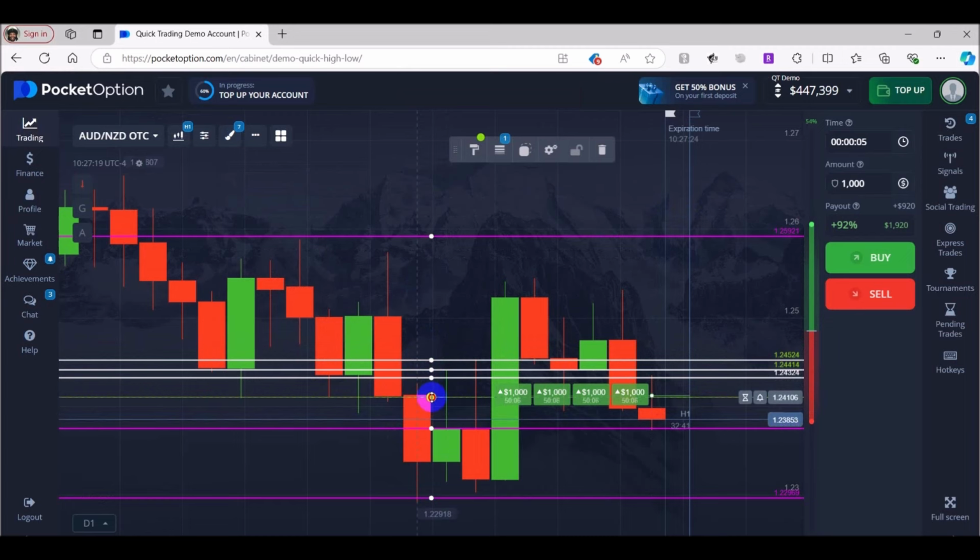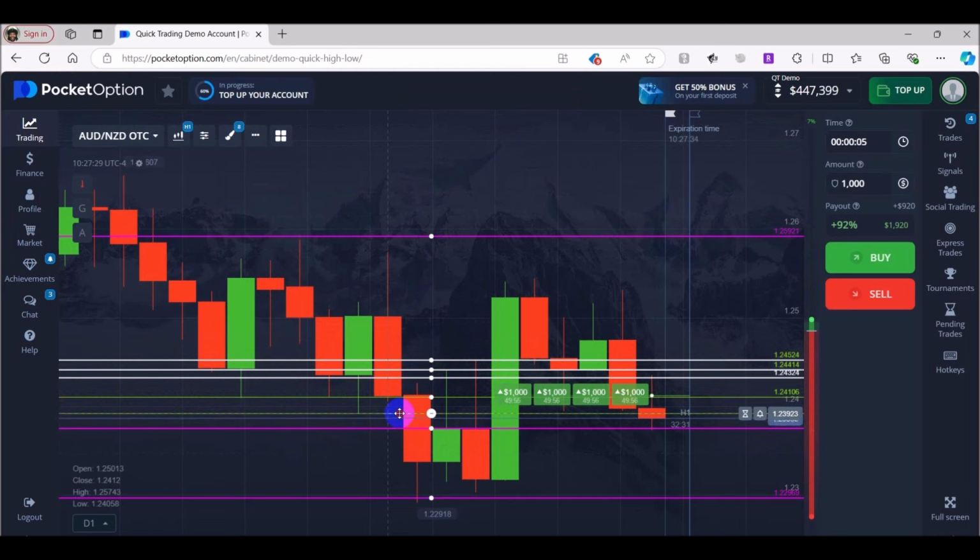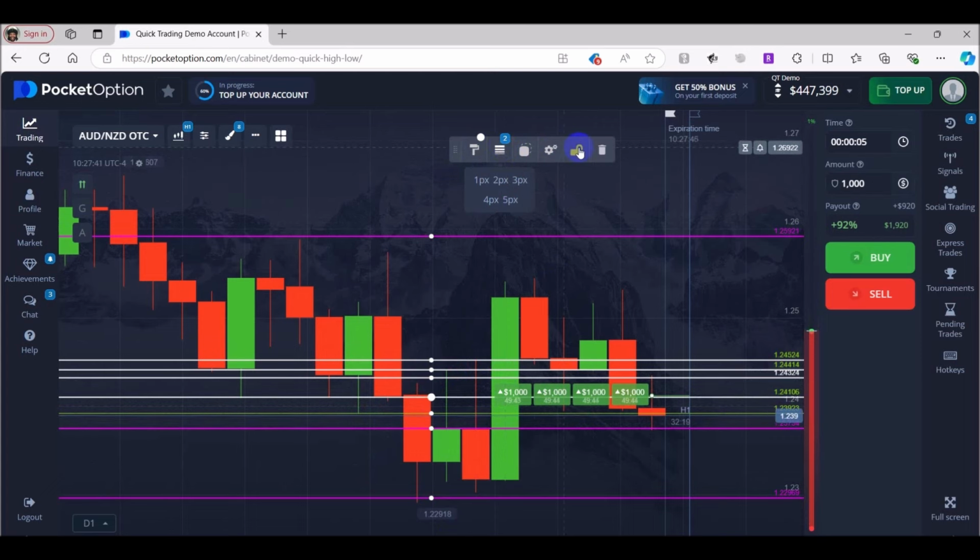You can put it right here on these wicks. Okay. Here, put one on this wick right here. And then just color these white, because that's on the hour. Lock it down.